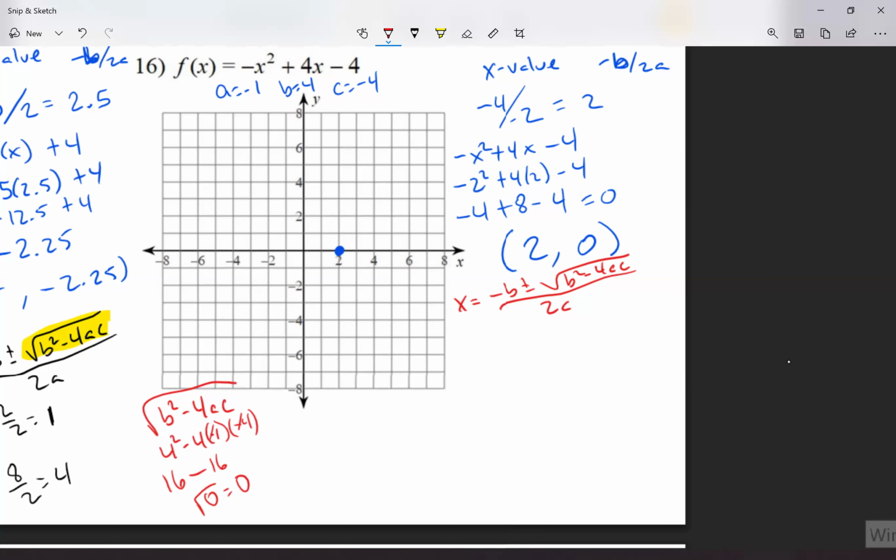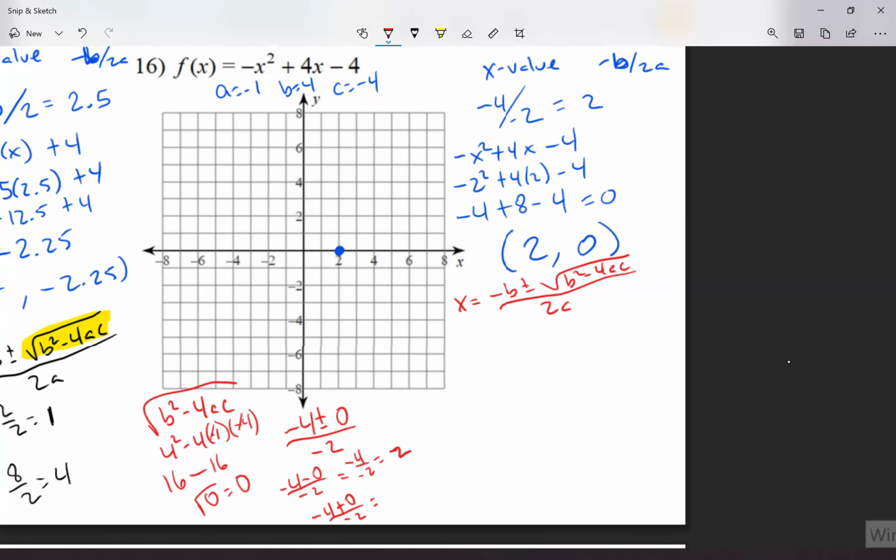Interesting. So I'm going to do negative 4 plus or minus 0 all over negative 2. So I'm going to go negative 4 minus 0 over negative 2. I'm also going to do negative 4 plus 0 over negative 2. I know negative 4 minus 0 is negative 4. Negative 4 divided by negative 2 is positive 2.